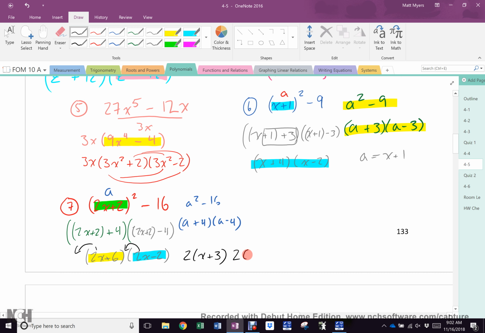And what did I leave inside? X minus 1, because I divided the 2 out. Now I have 2 coefficients. What do they do? Multiply. What's 2 times 2? 4. X plus 3, x minus 1.